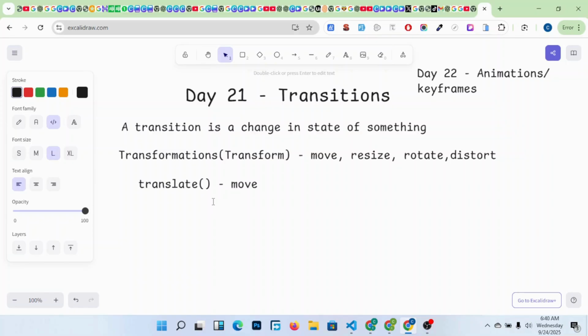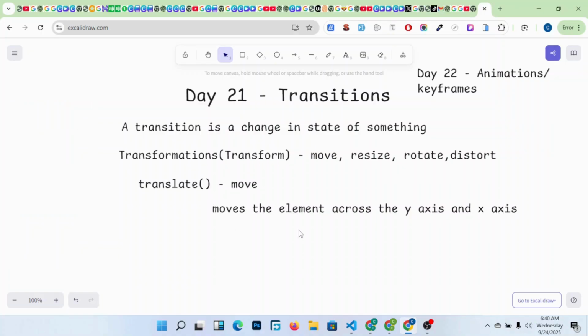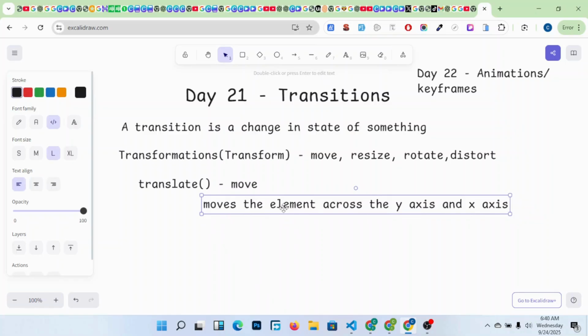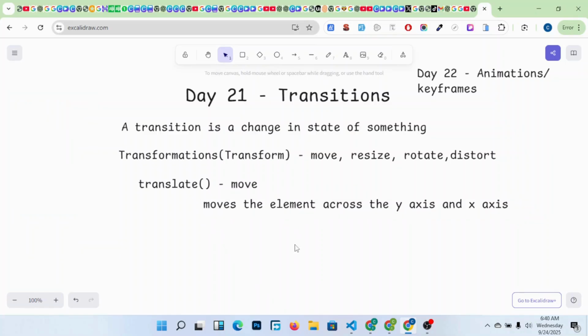But this one, it moves the element across the y-axis and x-axis. So members, scale was resized or increased in size, but this one is move.